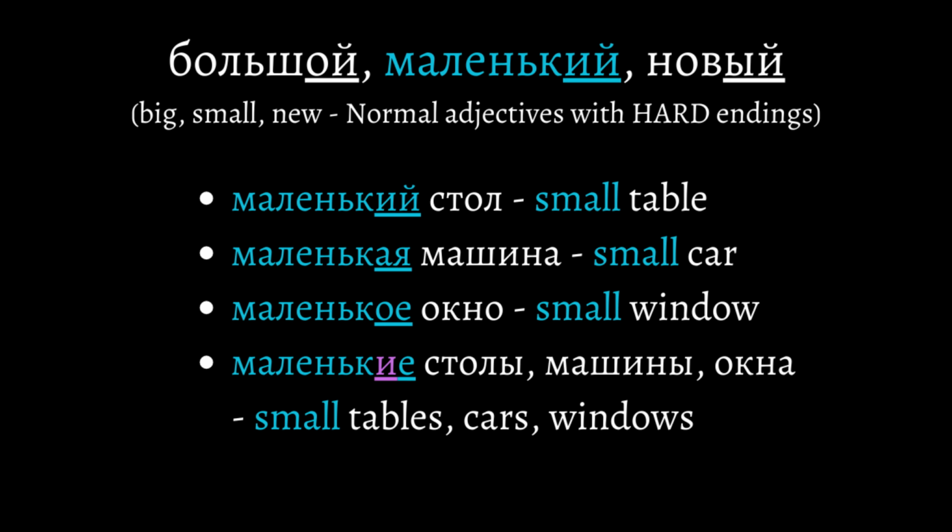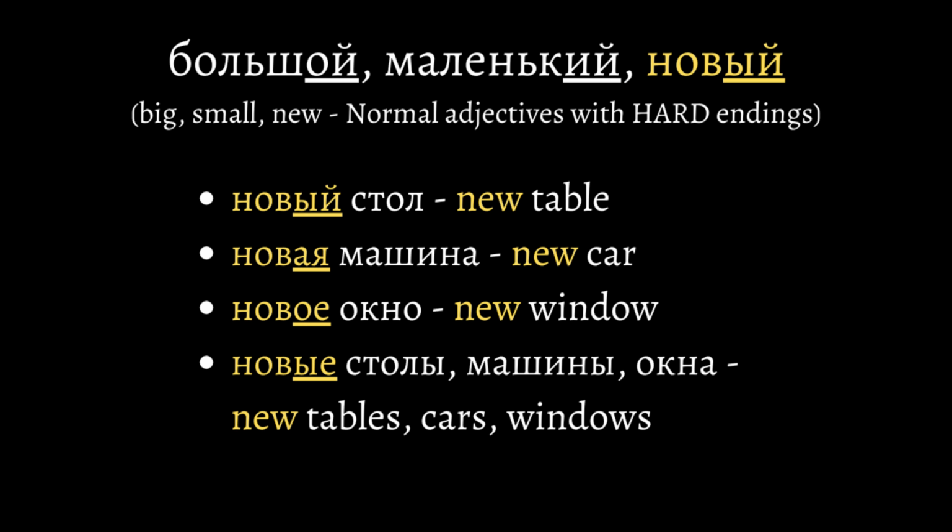Now, let's try the adjective новый. Новый стол, новая машина, новое окно, and новые столы, машины, окна. In this case, the modification is still the same and matches perfectly with no exceptions.